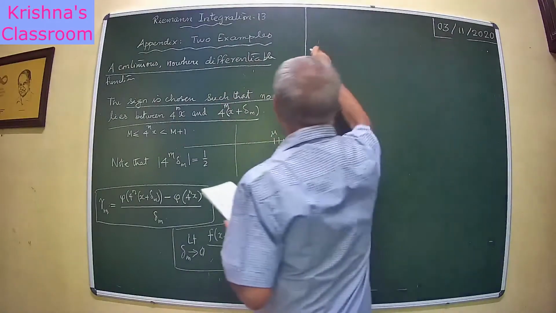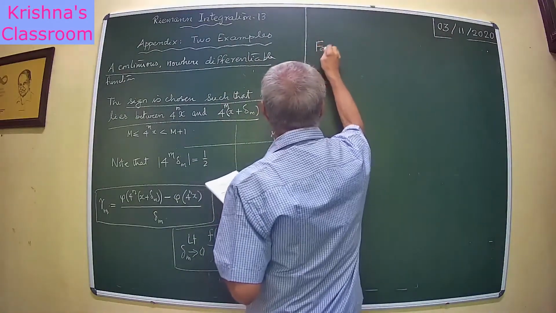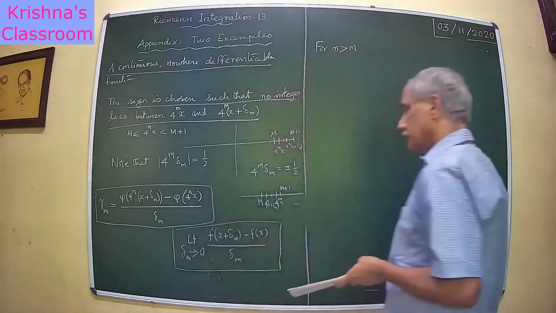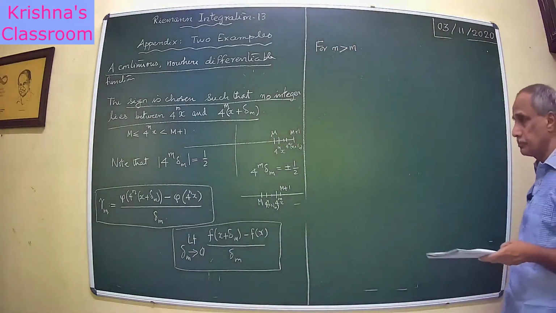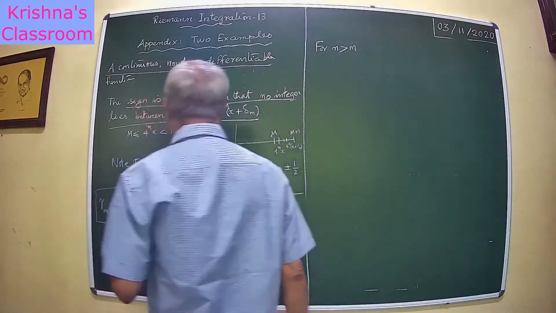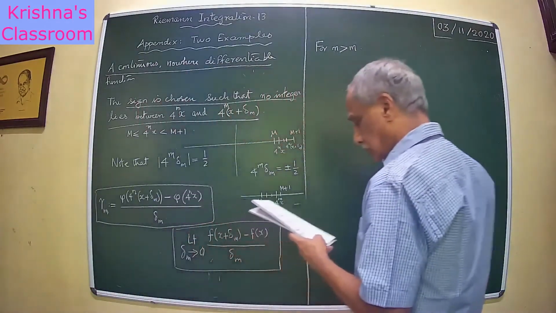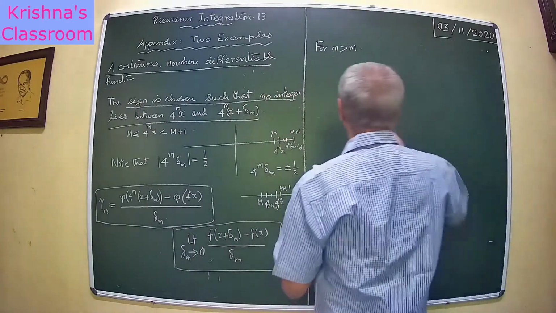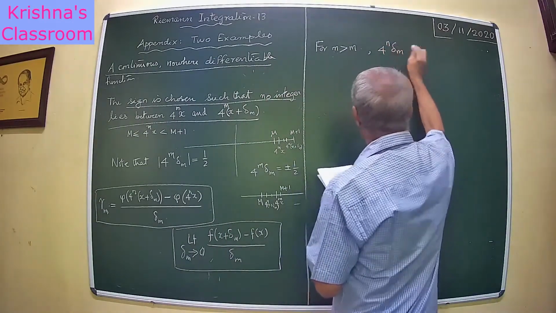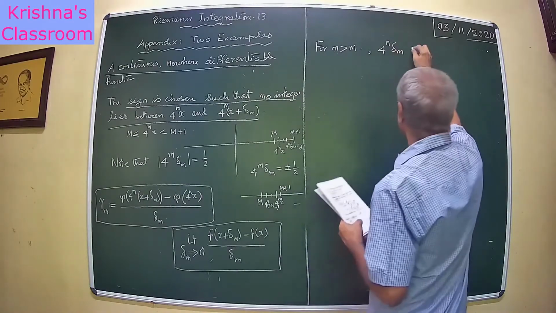For n greater than m, what happens? Look at that function. For n greater than m, you see that 4 to the power n is an even integer.